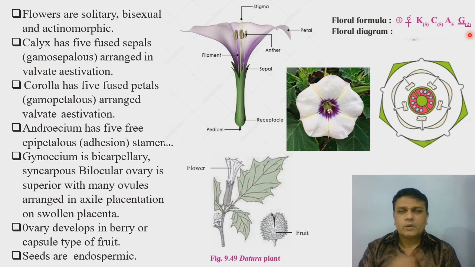Such a gynoecium is called bicarpellary syncarpous gynoecium. That means 2 carpels are fused, and the term syncarpous is used for fused carpels. So this is the floral formula which indicates the structure of the flower. So in this session we have learned about the general characters of family Solanaceae. Then we have seen the characters of flowers.